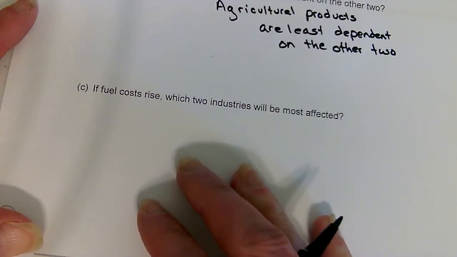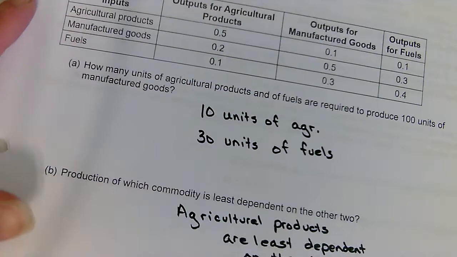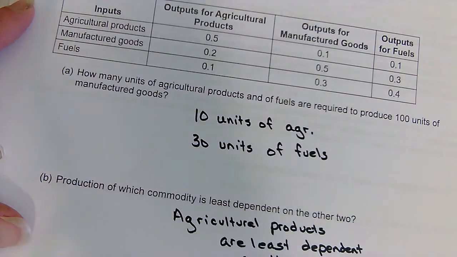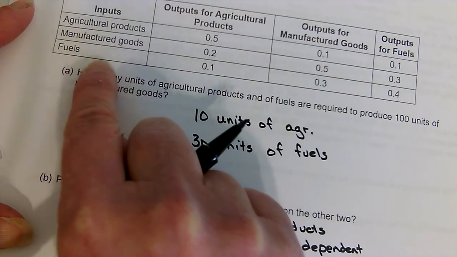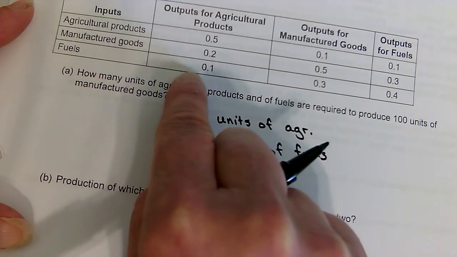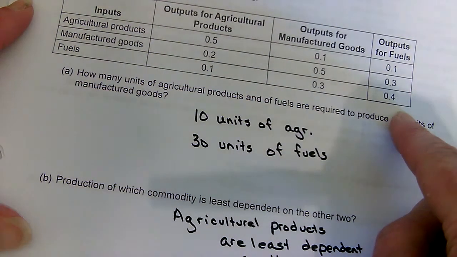If fuel costs rise, which two industries will be most affected? So which two outputs require the most fuel? Well, let's look across on the fuel. So the use of fuels is 0.1 there, 0.3 here, and 0.4 there.